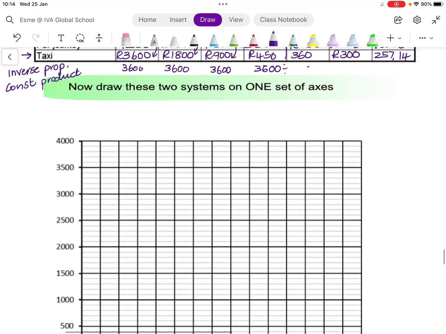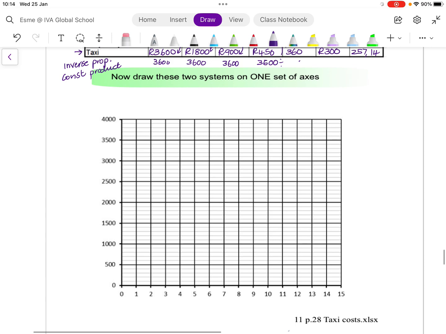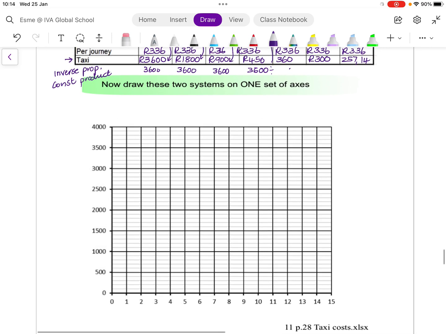Right, now we have to draw this on the set of axes. Remember, you always have to put a heading, and the heading here would be transport options.